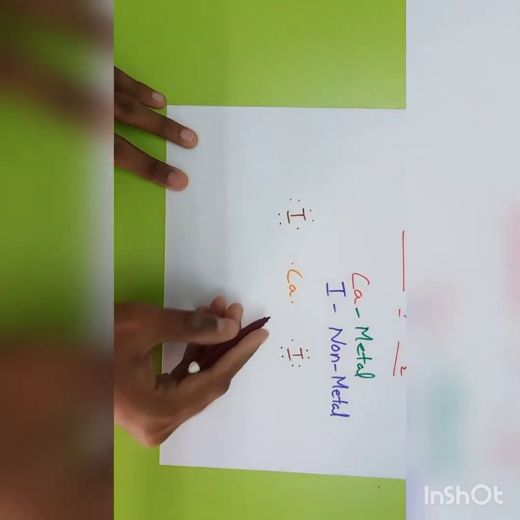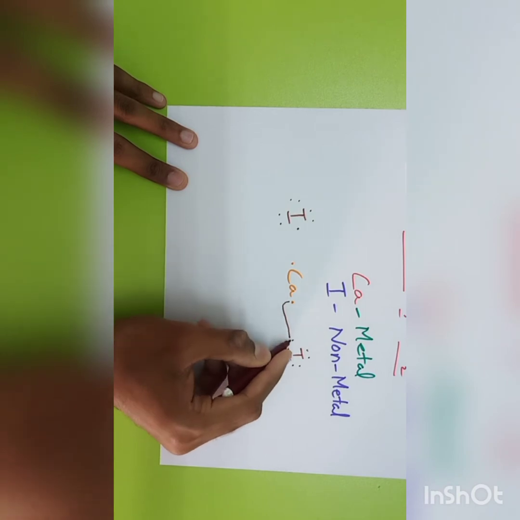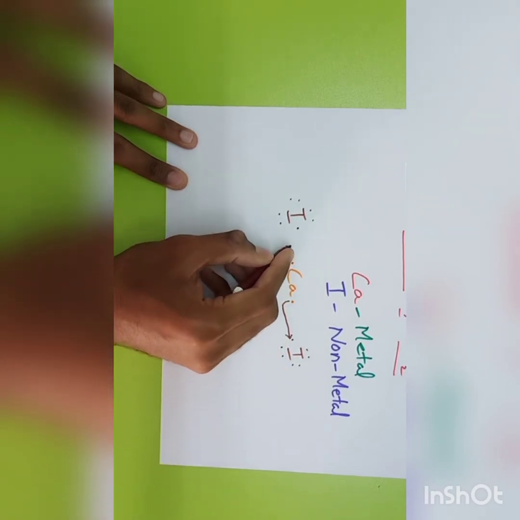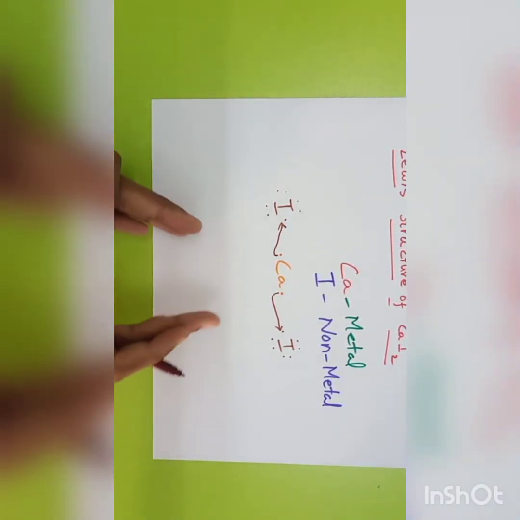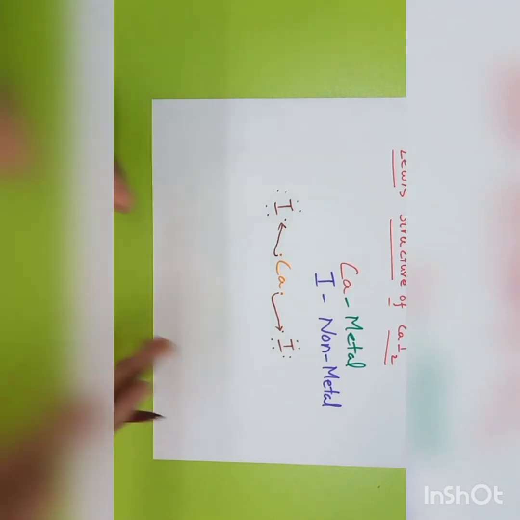So one valence electron of calcium will be going to one iodine and another valence electron of calcium will be going to the second iodine. In chemistry, when any metal or atom loses electrons, it becomes positive, whereas both the iodines, which are gaining the electrons, will become negative.